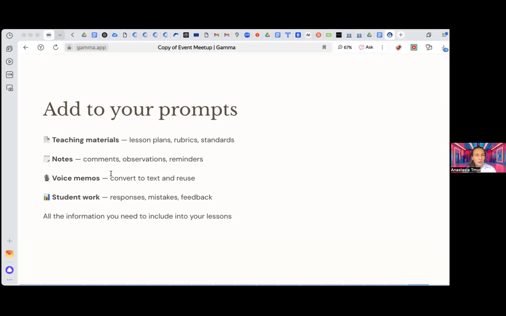A great thing you can do is ask AI to review students' work and find common mistakes. According to this new information about the mistakes, you can create practice materials based on those mistakes.